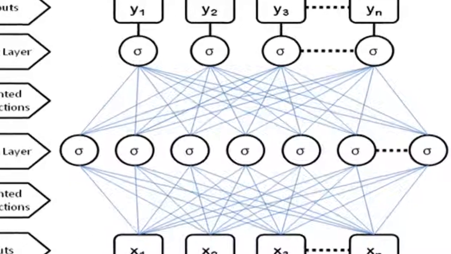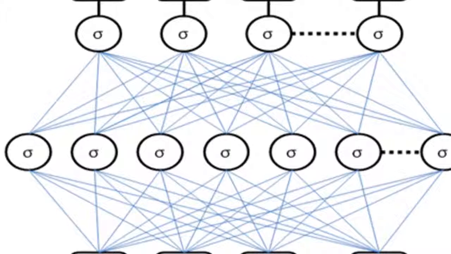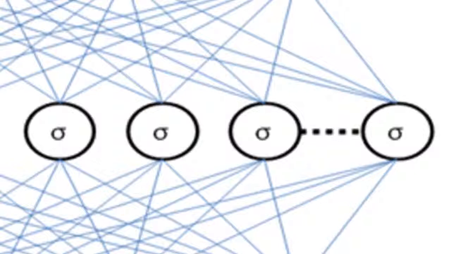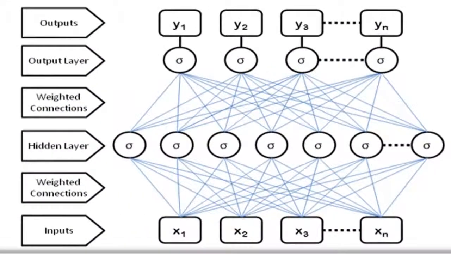Now, the number of neurons in the hidden layer corresponds to the degrees of freedom which your mapping function has. So the larger the number of neurons in the hidden layer, the more degrees of freedom your mapping function has for mapping between the inputs and the outputs.